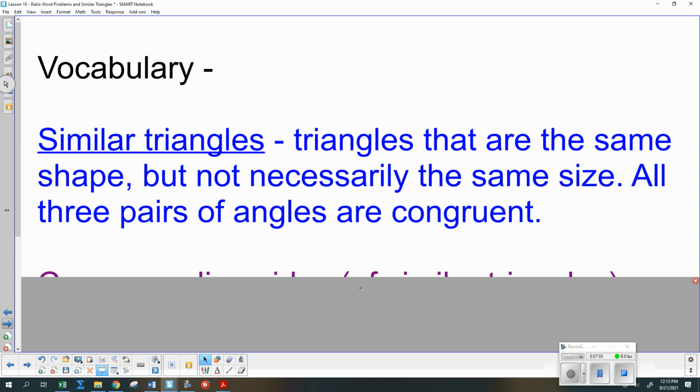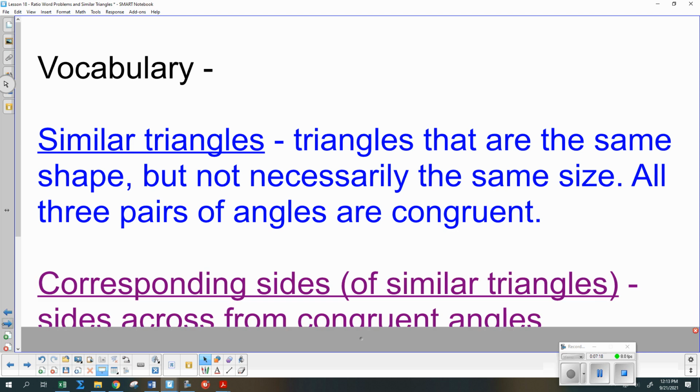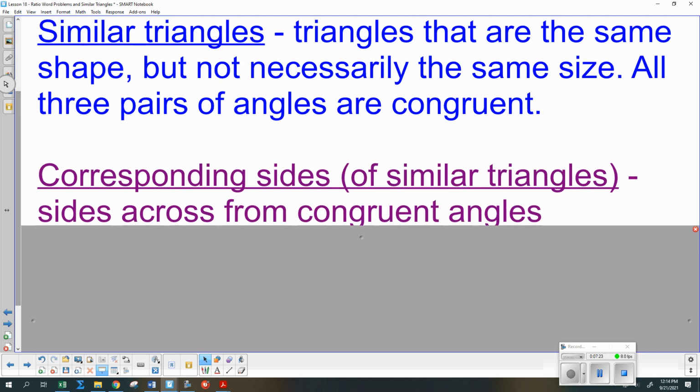So maybe I have one triangle and the angles are 20, 60, and 100 degrees. The other triangle has to also have 20, 60, and 100 degrees. But one could be tiny and one could be bigger. The corresponding sides are going to be important for us to talk about.